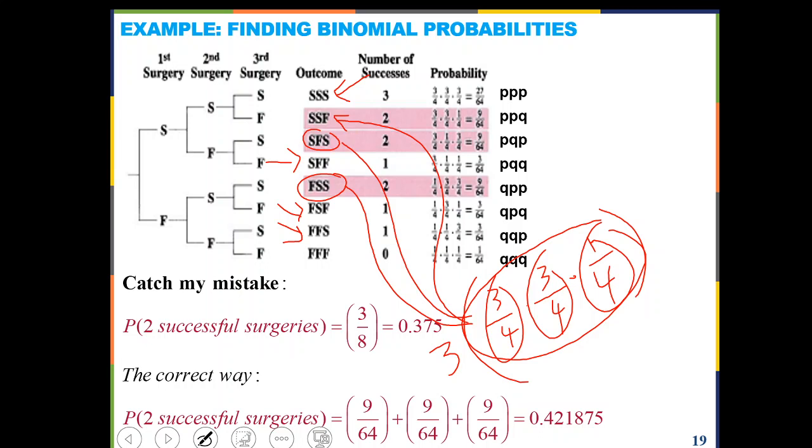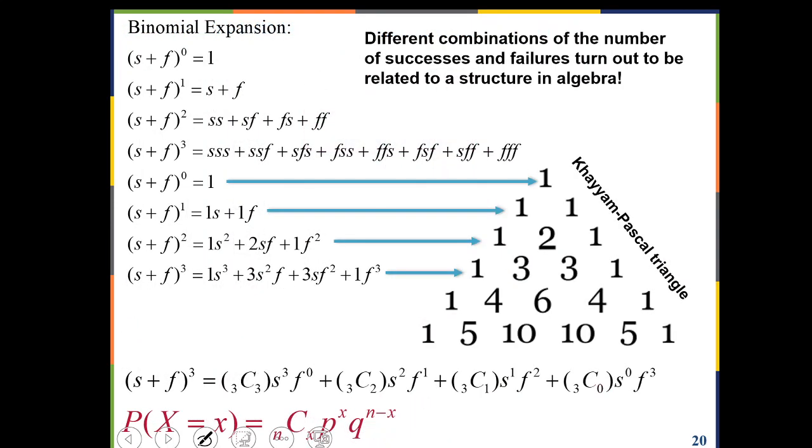So the question is now, how do we know how many different ways we can get a certain number of successes? And that is the question that we're going to answer here quickly. People realized that how many different ways we can get, for example, 2 successes or 3 successes, turned out to have to do with this.